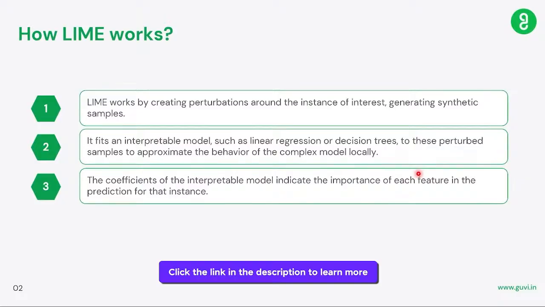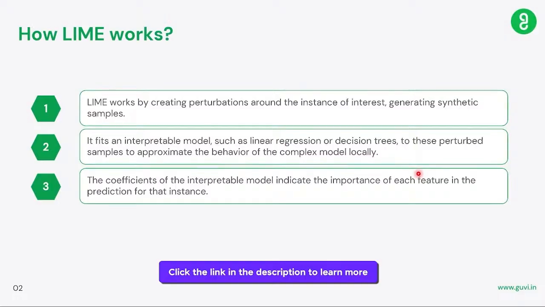Once the synthetic samples are generated, LIME fits an interpretable model to them. This interpretable model could be a simple regression, a decision tree, or another interpretable model. The goal is to approximate the behavior of the complex model locally, specifically around the instance of interest.